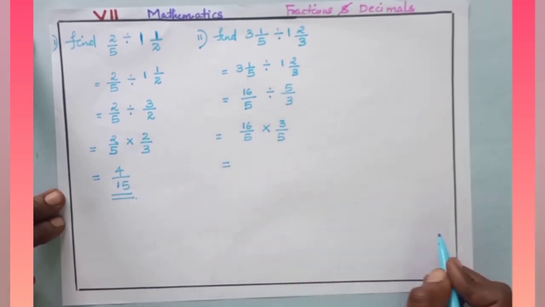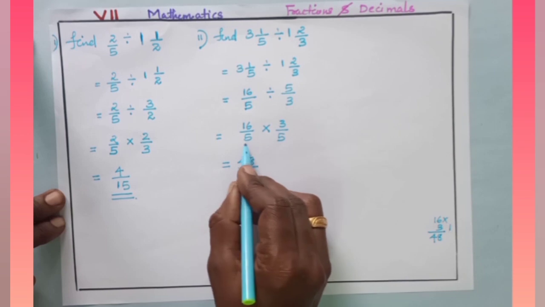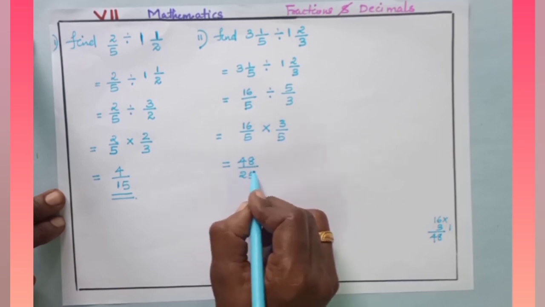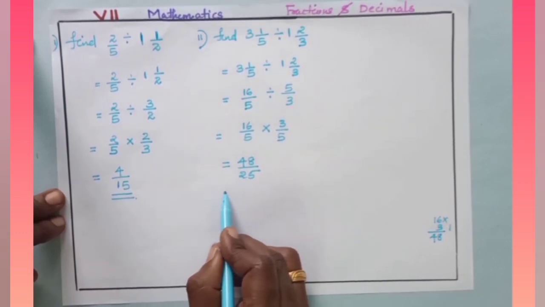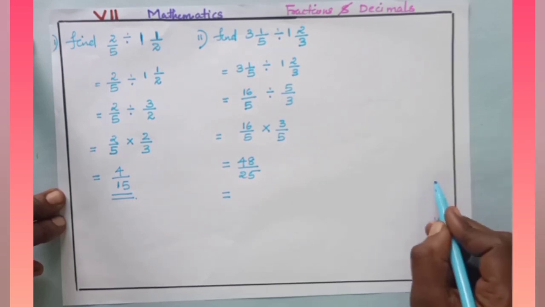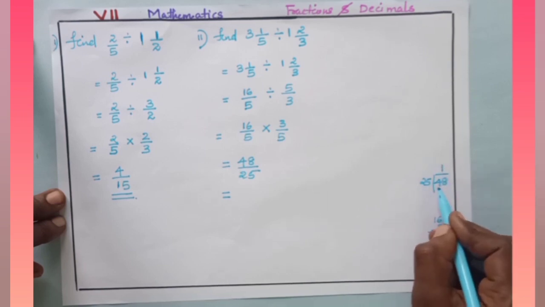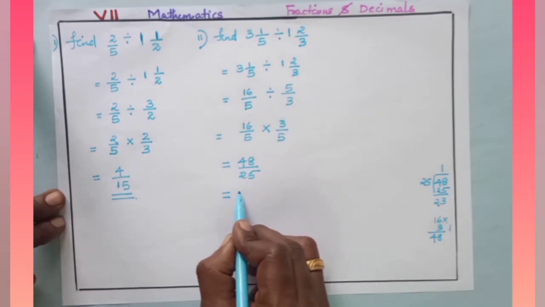So multiply 16 into 3. 6 3s are 18, 1 3 is 3 plus 1, 4, so 48 by 5 into 5, easy multiplication, 25. So 48 by 25 is an improper fraction. Convert into a mixed fraction. 48 divided by 25: only one time 25. The remainder is 23. So we can write 1 and 23 by 25 as the answer.